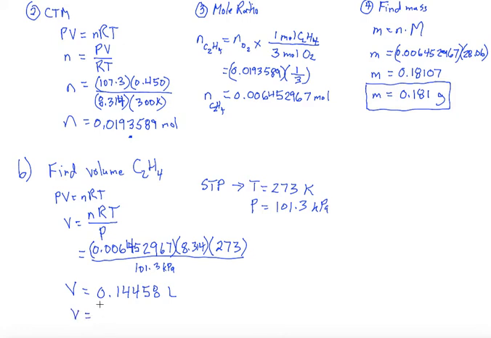And a more respectable way to talk about this would likely be in milliliters. So from significant digits, we're still keeping 3 significant digits. That's what's carried in my moles and my Kelvin value. So this would be 146 milliliters. So that would be the volume.